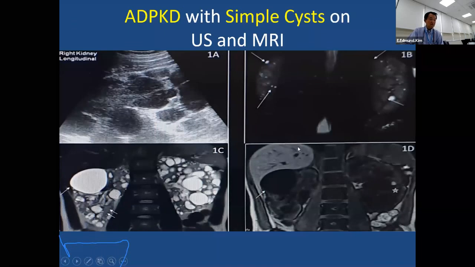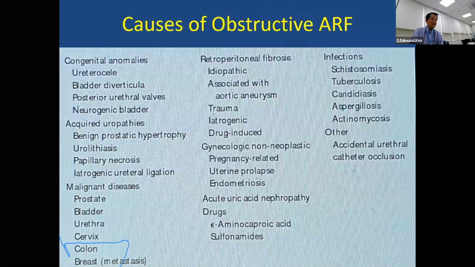Polycystic kidney, multiple, bilateral. This MR T2 shows multiple large and small cysts. It's classical. And then acute renal obstruction is based on a lot of causes: congenital anomaly, diverticula, particularly urethral valve, and BPH, which is common, and stones, and malignant diseases like prostate cancer, bladder cancer, ureteral cancer, cervix, colon.